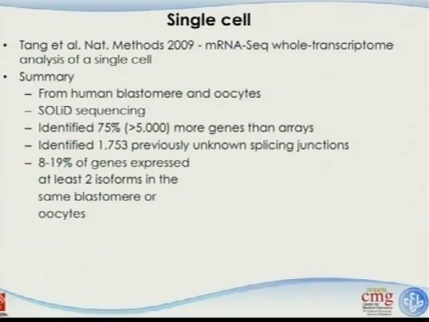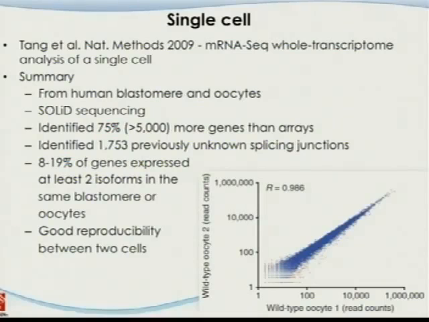So when I showed you the previous figure, you saw the observation of both 2 isoforms in one plate of cells, but that is a lot of cells. So it may be possible that some isoforms are in this group of cells, and other isoforms in that group of cells. But here, what they concluded is they found almost 20% of the genes, and they found both 2 isoforms in the one cell. So that really tells us very good regulation is going on there.